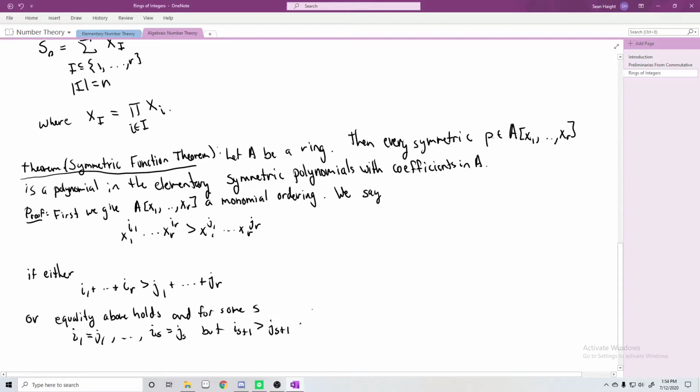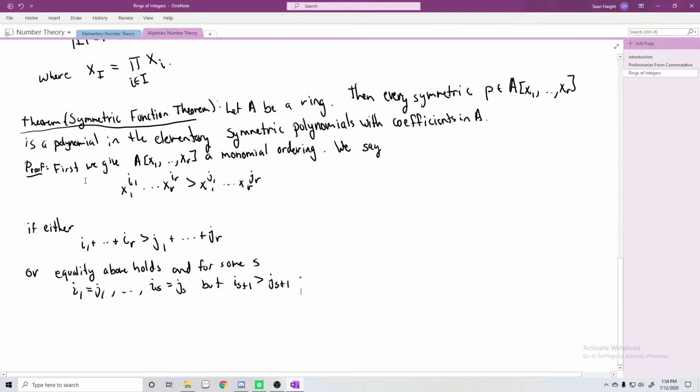So essentially this says, first compare the total degrees. If the total degrees are the same, then just go down the line, and the first time you hit one that's different, the bigger one determines the bigger monomial. Okay.